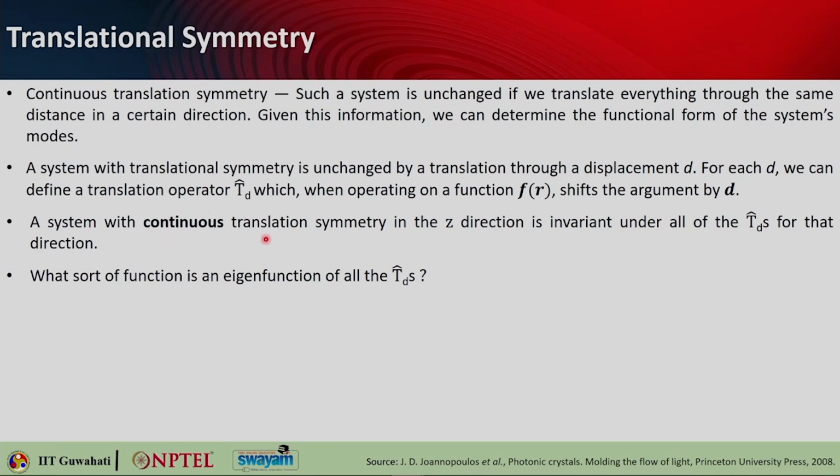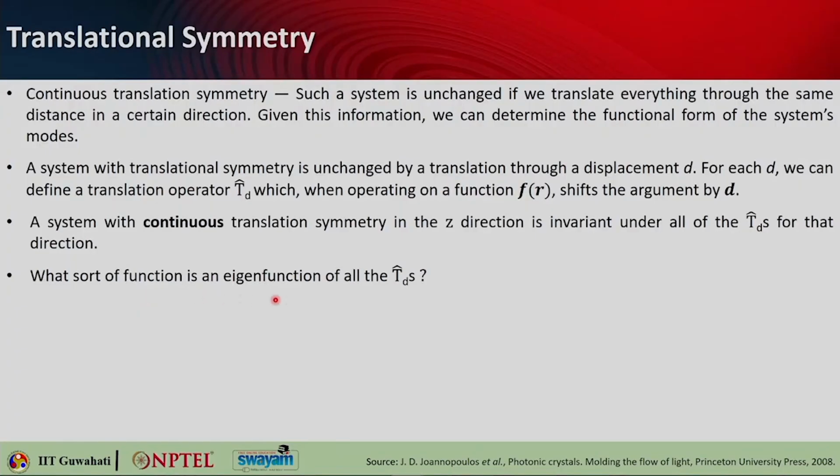Now a system with continuous translational symmetry in the z direction is invariant under all the T_d that we can have in that particular direction. Continuous translational symmetry means the system, for any value of d, is able to repeat itself.